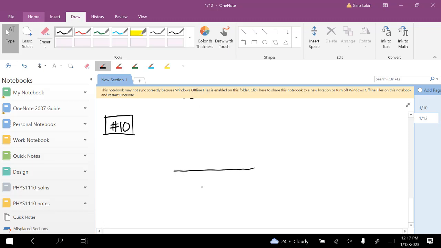So if this is your coordinate system, and this is your vector, well, let me use the actual vector, I guess. The magnitude of this vector is 5.